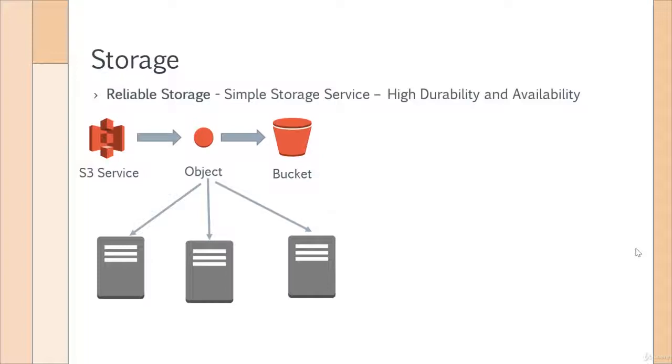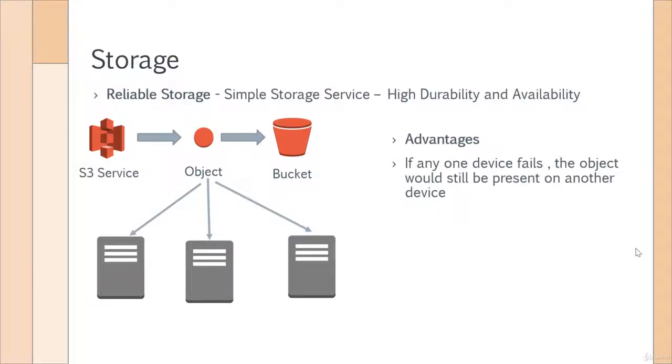So in case one of the physical entities goes down, the other ones are still available, and this is how S3 achieves high durability and availability for your underlying objects. So if you're looking for object level storage which has high durability and availability, think of the Simple Storage Service.